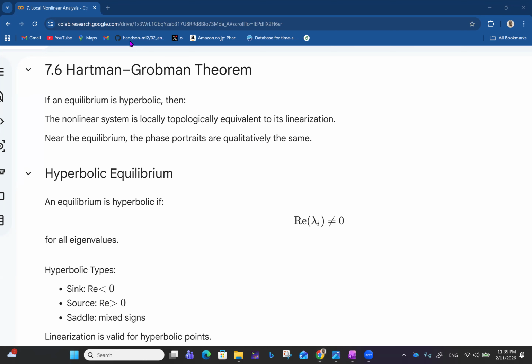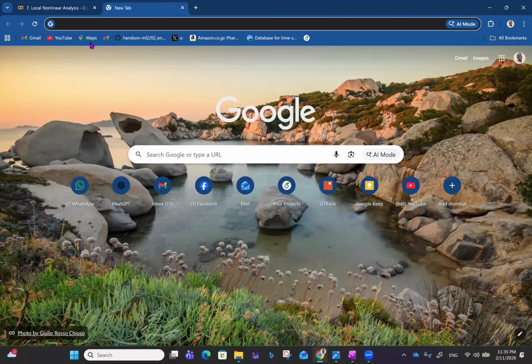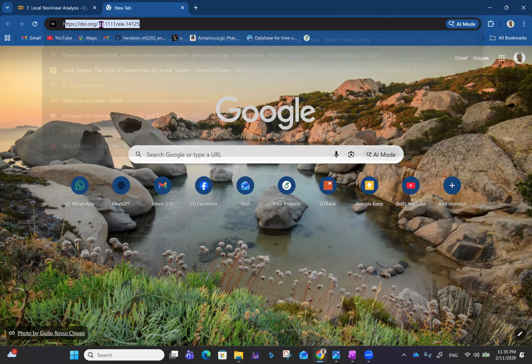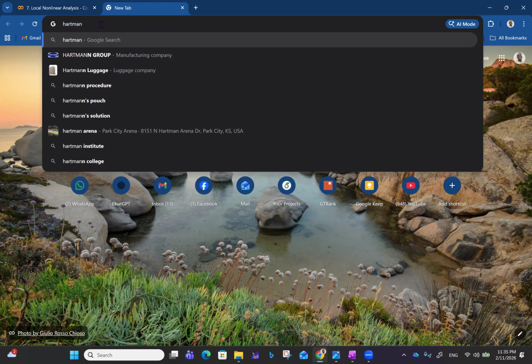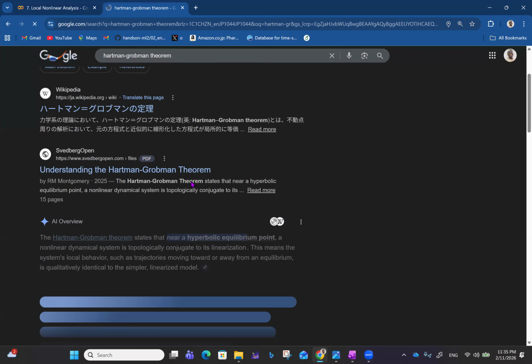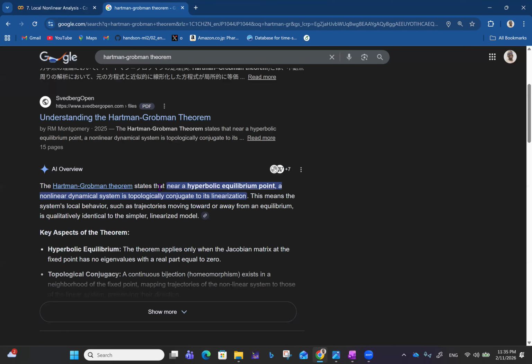Let me look for a simple way to describe the Hartman-Grobman theorem. I like the AI version. The Hartman-Grobman theorem states that near hyperbolic equilibrium points, a nonlinear dynamical system is topologically conjugate to its linearization.